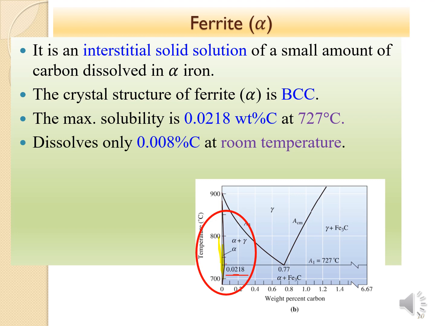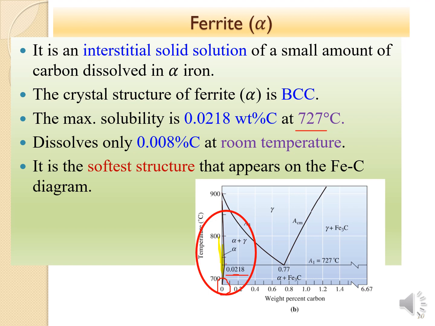That happens at 727 degrees Celsius, and at room temperature down here on the bottom, there's only 0.008% of carbon, almost zero at room temperature. And another important fact is that ferrite or alpha ferrite is the softest structure that appears in this phase diagram.